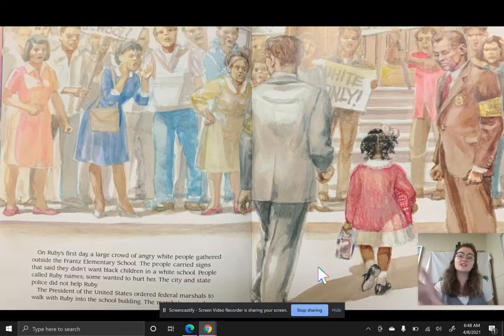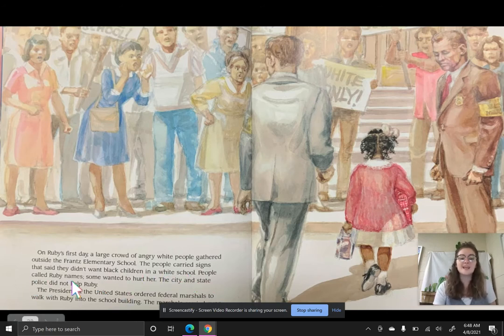Now we're going to see a little bit more about what she is experiencing. But now I want you to think about the problem. What is the problem in Ruby's story? What is the problem that we learn about on this page? Tell me in the puzzle. So in the text, it tells us the people carried signs that they didn't want Black children in a white school.